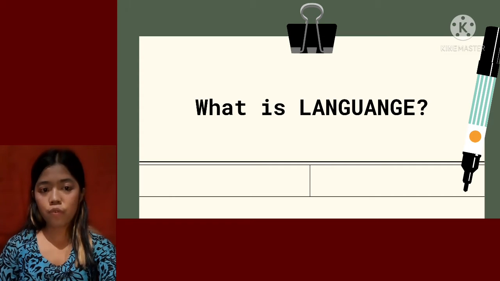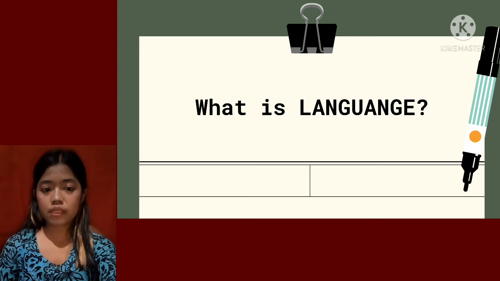First, we have to know what is language, which is the object of the study. Language is such a complex phenomenon that it has become the common study point of many social sciences such as linguistics, psycholinguistics, sociolinguistics, neurolinguistics, and historical linguistics.